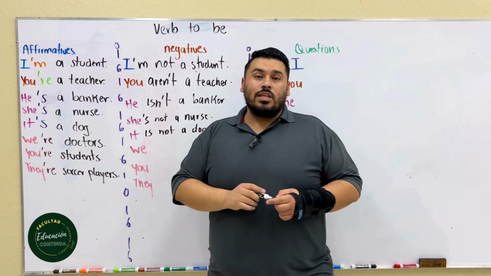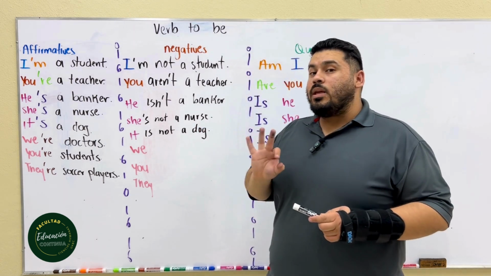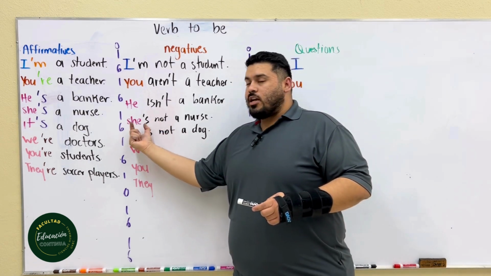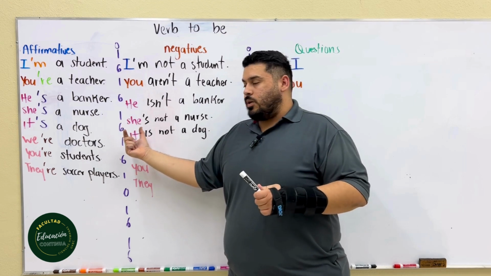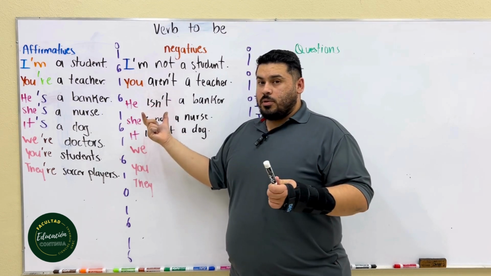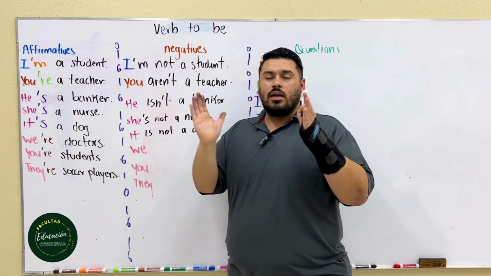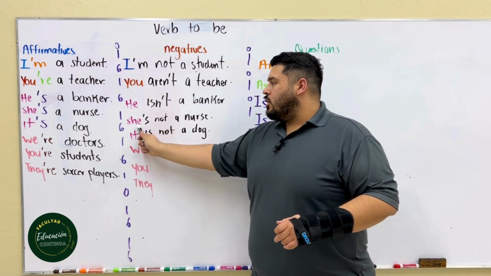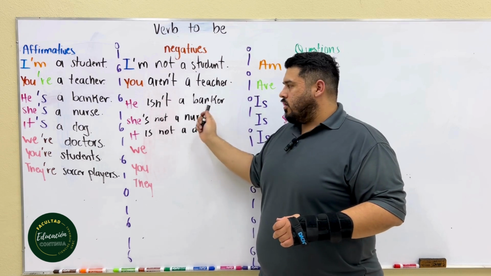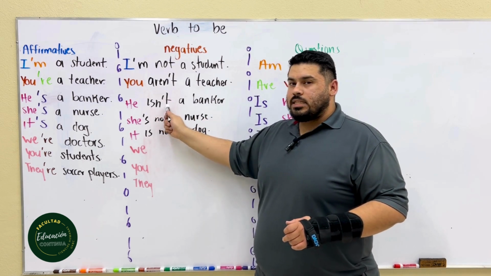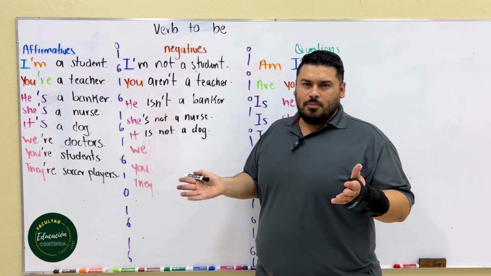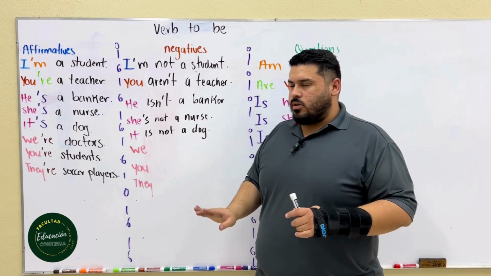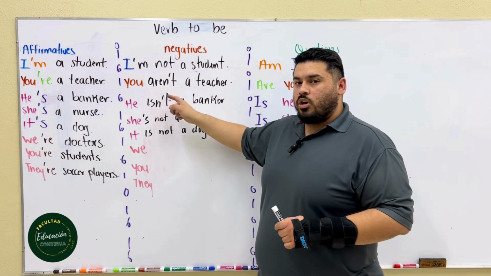Okay? So, with the negative way, you have the three different options. Full form, contraction with the pronoun and the verb to be, or the verb to be and the negative way contracted. Okay? So, he isn't a banker. She isn't a banker. It isn't a dog. It's the same, right? So you can choose any of them. And that's all. It's the same situation with the word aren't.